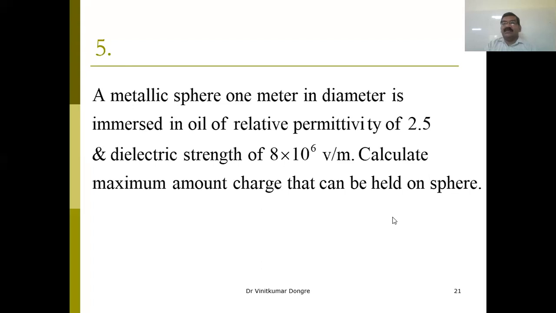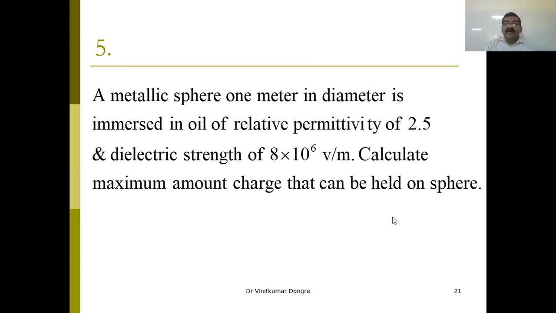So understand this problem, all of you can read. I'll read this for all of you. Now, what is given? A metallic sphere, 1 meter in diameter, is immersed in an oil of relative permittivity 2.5. So an oil is there and a metallic sphere is immersed in that particular oil.